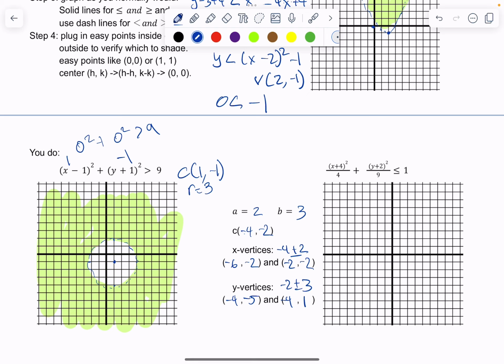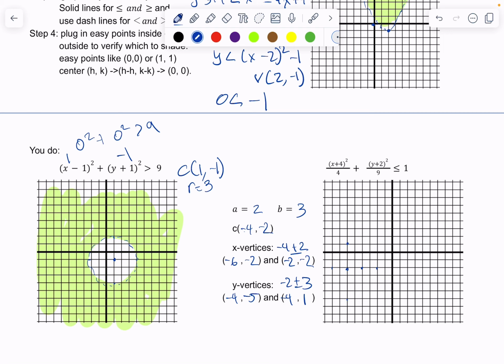So my ellipse is going to be at the center, negative 4, negative 2, and it has this point and here and here, going up is 3.